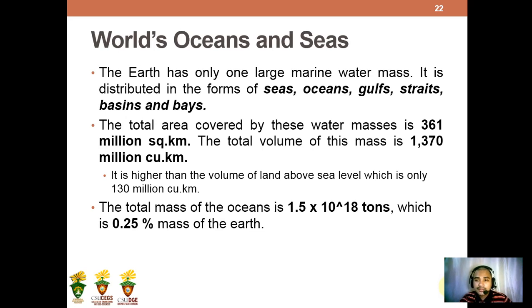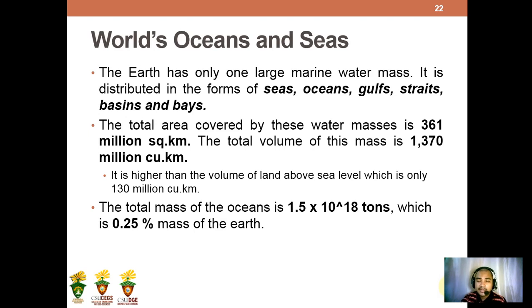So as the water cycles, ma-recycle naman dyan siya, okay, ma-evaporate, ma-condense, ma-ulan, maato na sa other places. But according to this book, the Earth has only one large marine water mass. So isa ra jud na siya.